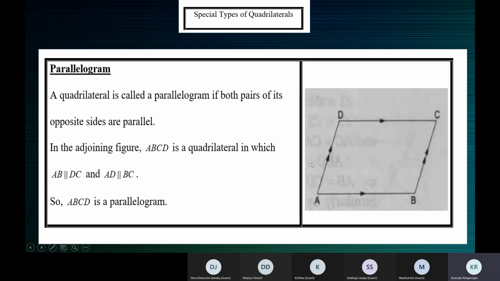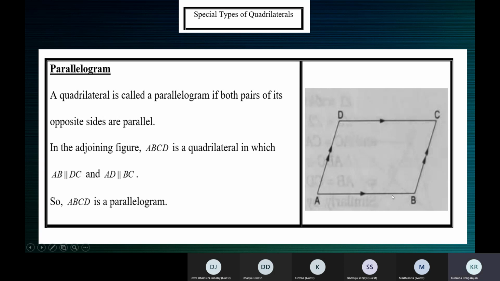If you can verify that both the pairs of opposite sides are parallel, then it is a parallelogram. Once opposite sides are parallel, all the other properties will be found in the quadrilateral: opposite sides are equal, diagonals unequal, diagonals bisect each other. All these properties will be found.